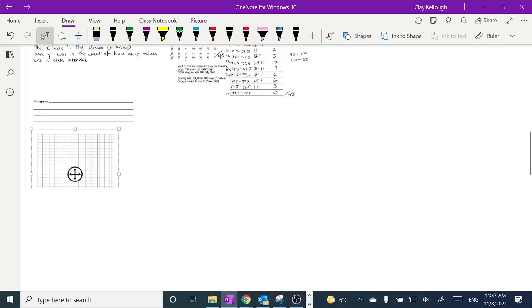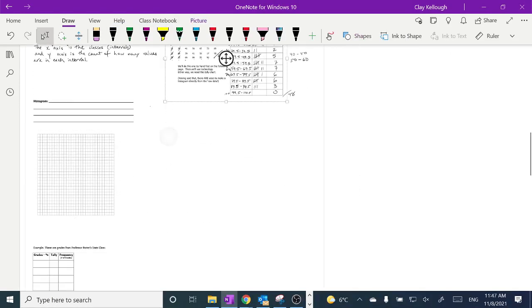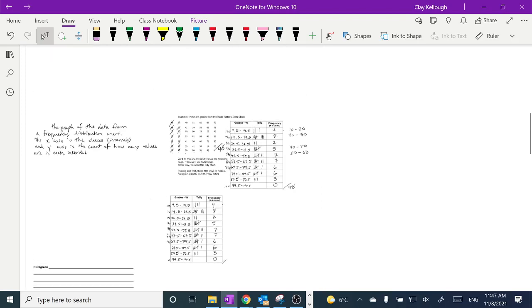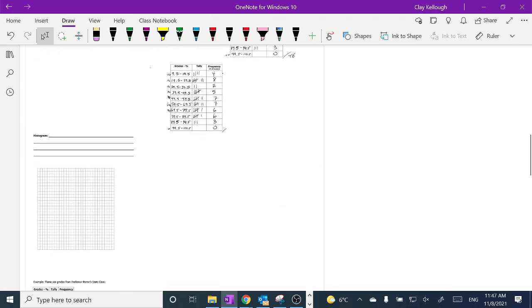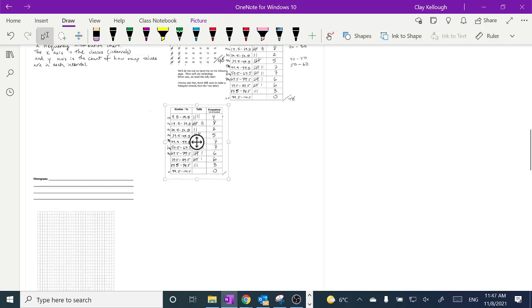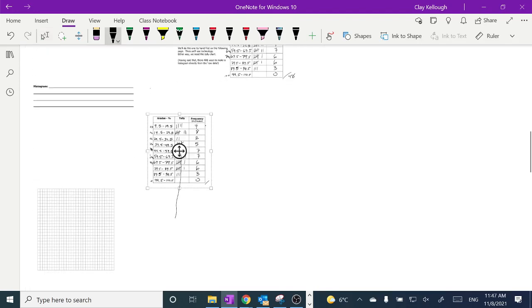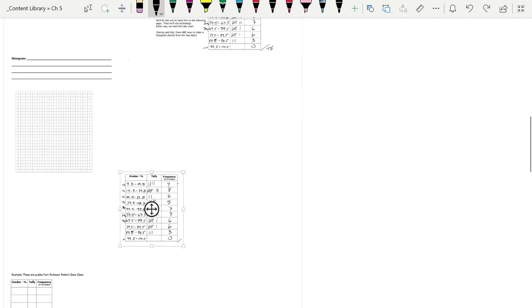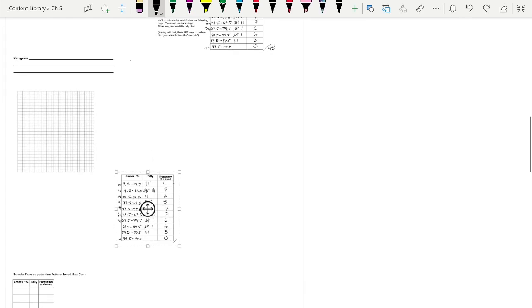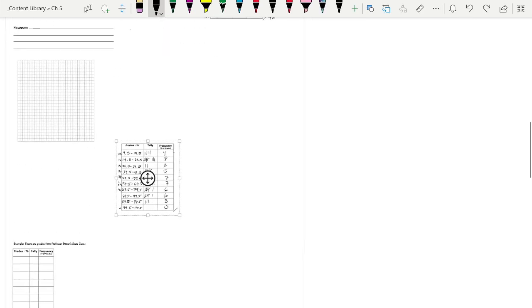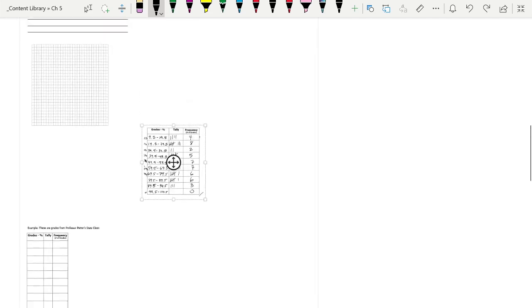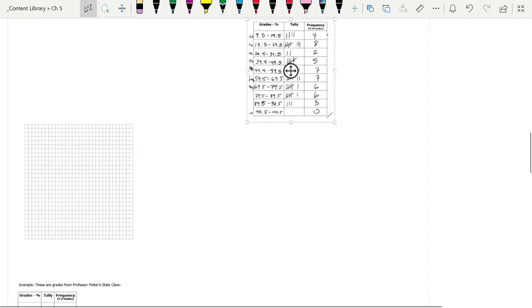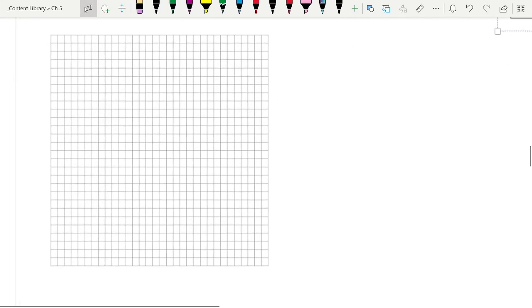There we go. Come on. Nope, that's not going to work. Having some difficulties with this. Come on, I just want it to be beside it. Is that too much to ask? Apparently it is. All right, here we go.